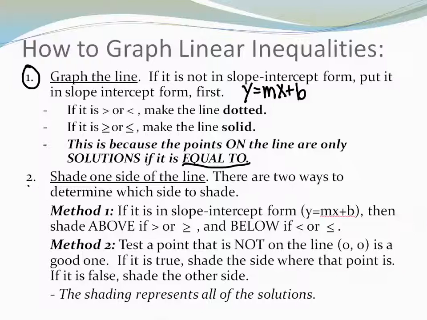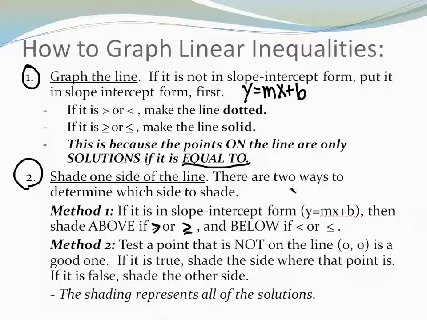Alright, after we have a line, we have to shade. We shade one side of the line. There are two ways to determine which side to shade. Method 1, if it is in slope-intercept form, which is the mx plus b, then you shade above if you have a greater than or equal to, because greater than goes with above.